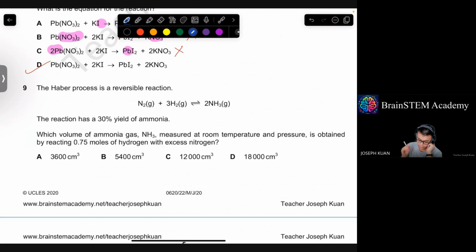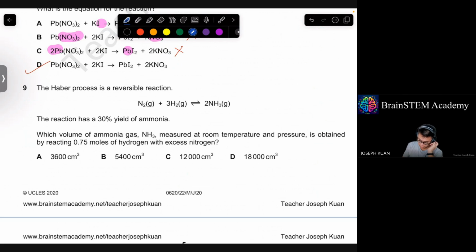Right? So let's look at number 9. The Haber process is a reversible reaction. The reaction has a 30% yield of ammonia. Which volume of ammonia gas measured at room temperature and pressure is obtained by reacting 0.75 moles of hydrogen with excess nitrogen?